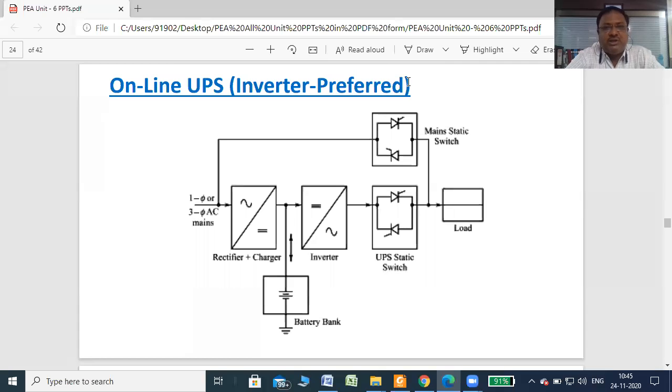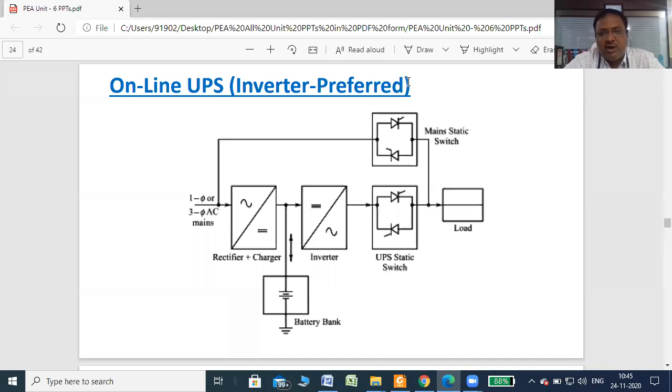In this UPS, single phase or three phase depending upon your power requirements, AC is applied to the rectifier or converter, which converts AC into DC, and that DC is used to charge the battery bank, as well as the same DC is fed to the inverter. That inverter converts the DC into AC.